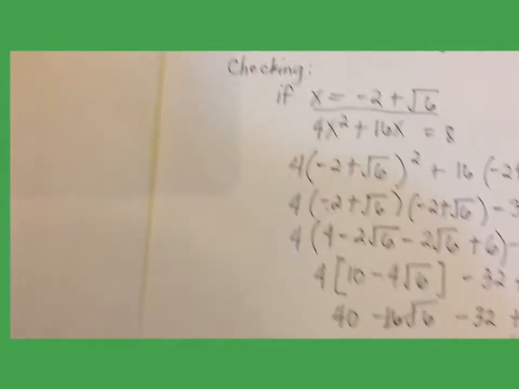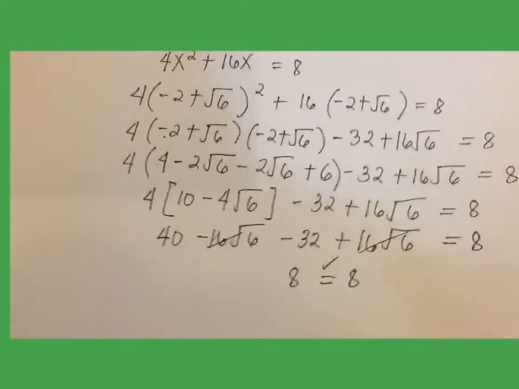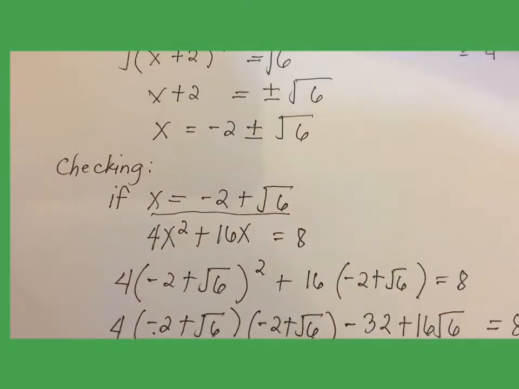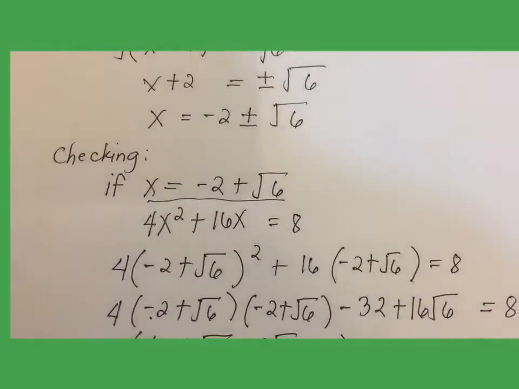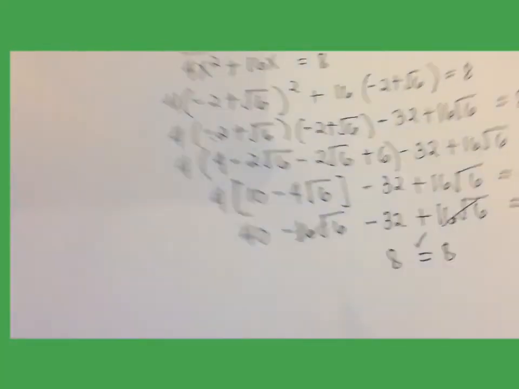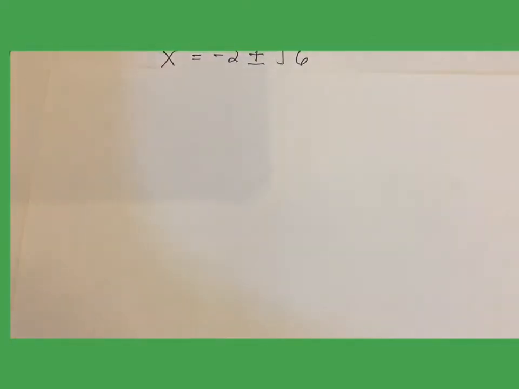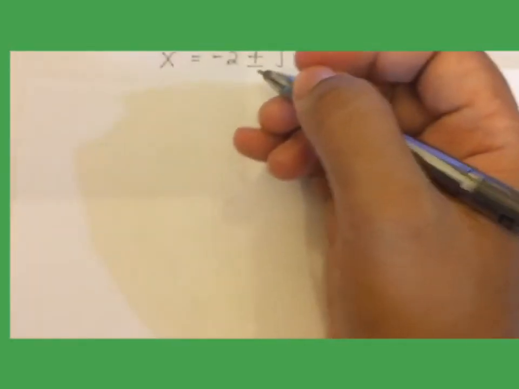Now, we're going to try the other value, which is negative 2 minus square root of 6. Let's do the checking for that. I'm just going to copy the other value for x.